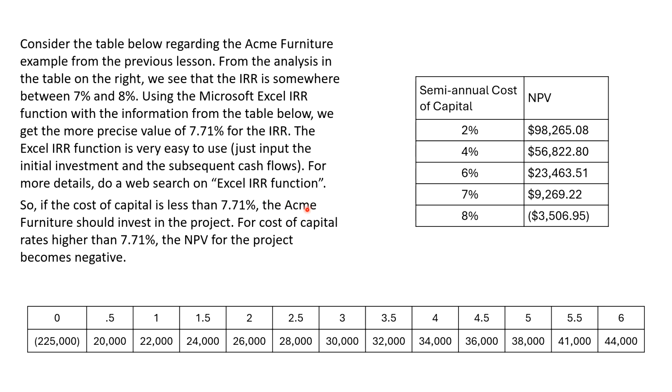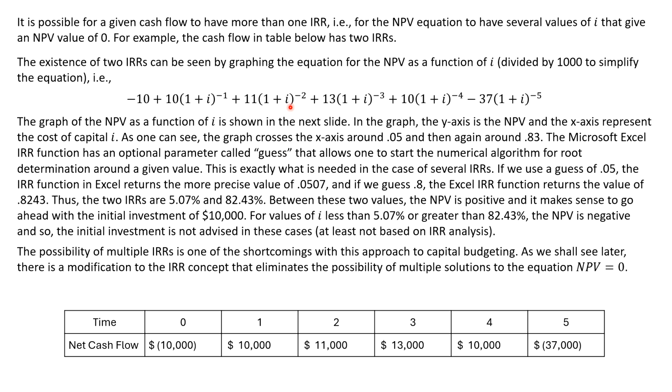The problem is that depending on the numbers you feed in, you can get more than one IRR, and we'll talk about that later. There's something called the modified IRR, which addresses that issue.